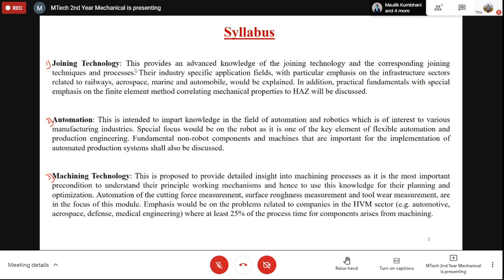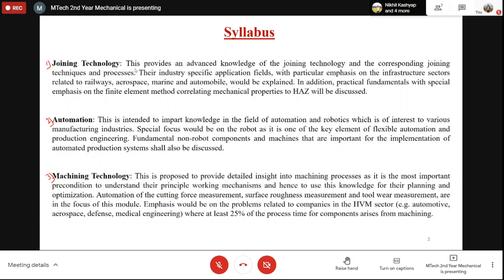Also the relation between the input parameters, depth of cut and speed, and the surface roughness, and how to use measurement tools for measuring surface roughness. These will be discussed in machining technology. This is the broad picture of what we will discuss in the theory classes.